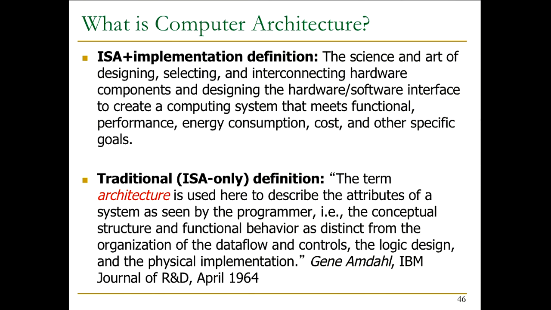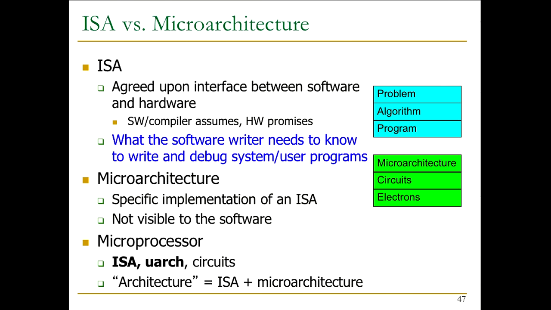Okay, we've already discussed this, basically. This is the traditional ISA definition of computer architecture. So let's go back to the ISA versus microarchitecture a little bit. So ISA, in the end, is an agreed-upon interface between software and hardware. This is what the programmer, software, compiler, which is also written by a programmer, assumes and the hardware promises. It's a contract.